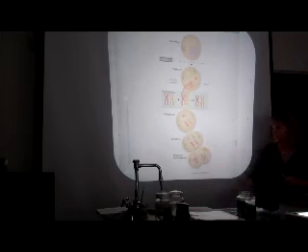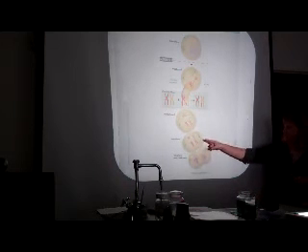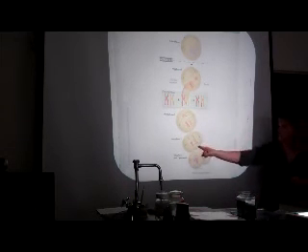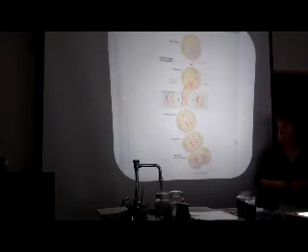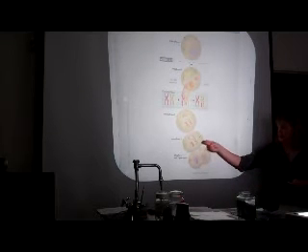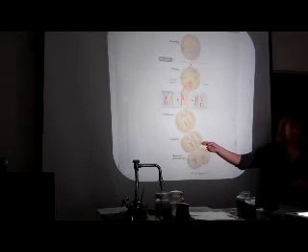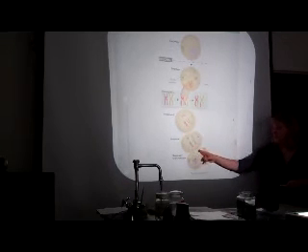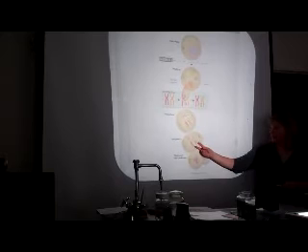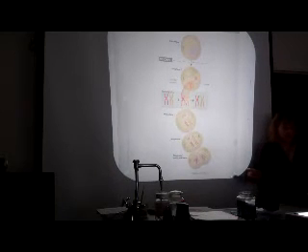Please note, though, in anaphase 1 of meiosis 1, the homologous chromosomes, the pairs, are going to separate from each other. That's going to be different for anaphase 2, but mental note.